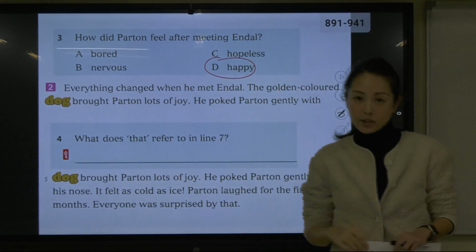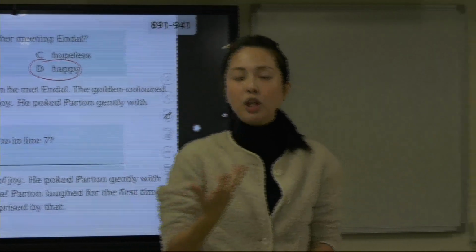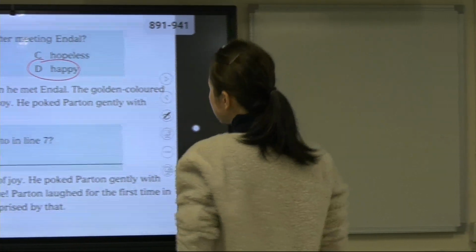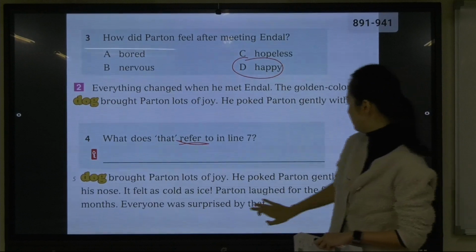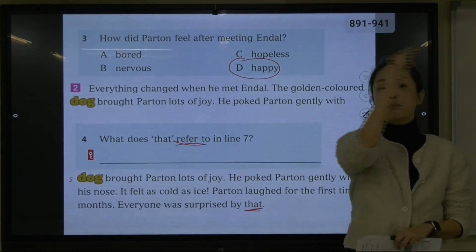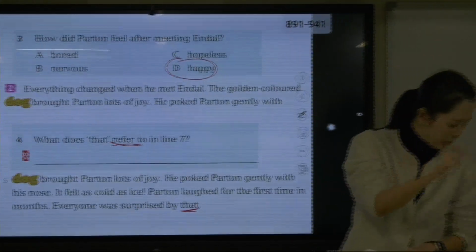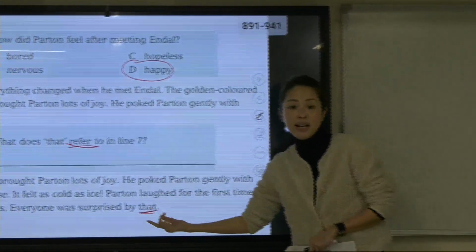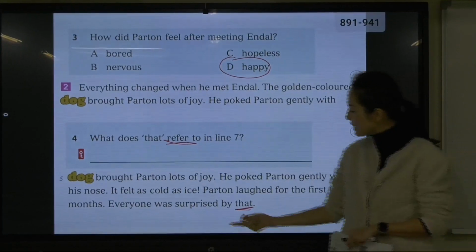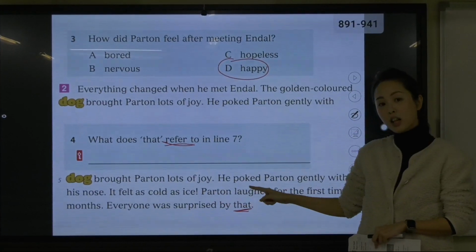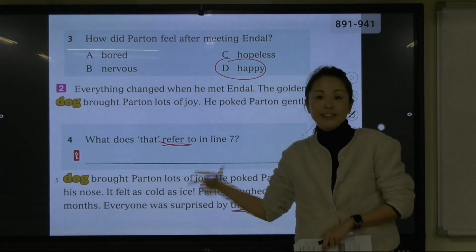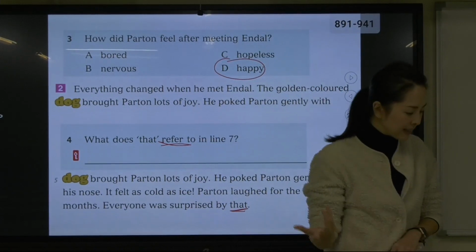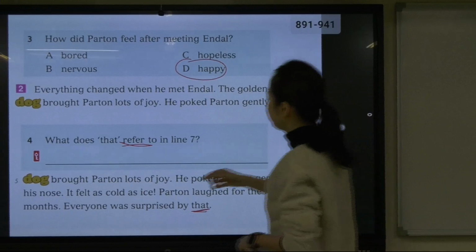What does that refer to? Every time we talk about reference questions, we need to read the sentence before, right? Let's look at this one. Everyone was surprised by that. The sentence before: Parton laughed for the first time in months. This is very surprising. So what is surprise?